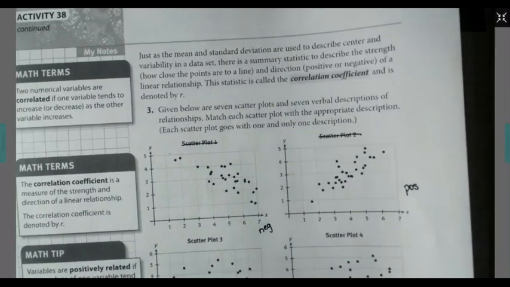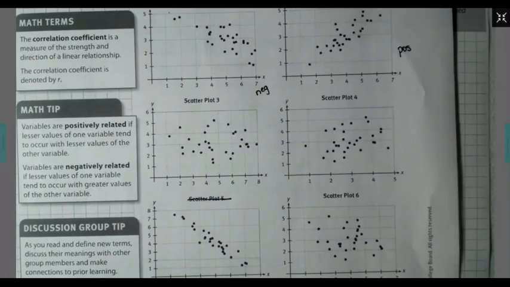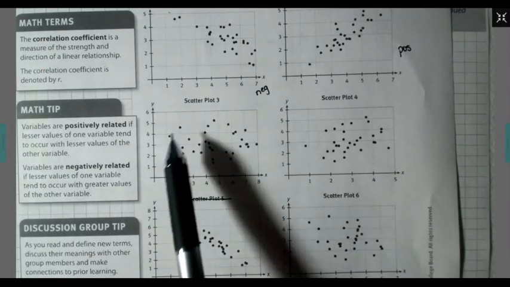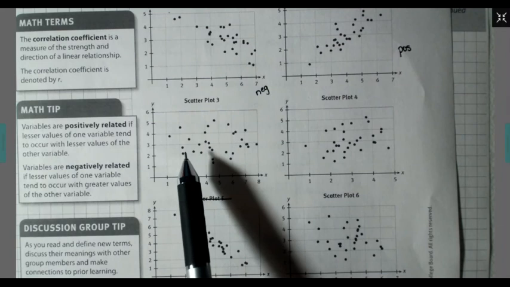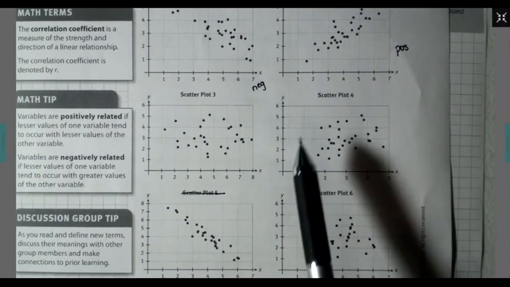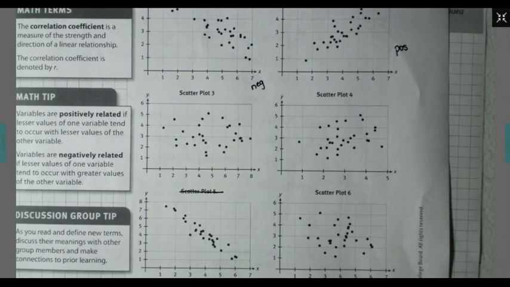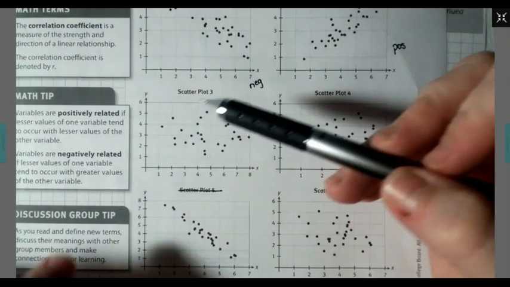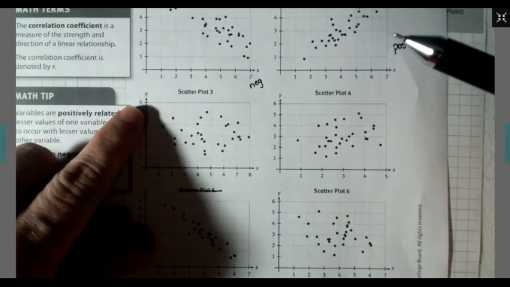3, 4, and 6. Let's take a look. Would you say that 3 is more positive, more negative, or neither? Would you say 4 is more positive, negative, or neither? And would you say 6 is more positive, negative, or neither? The way I identify these is I look. Let's look at some points. Here, I have some points that are at the upper end here.